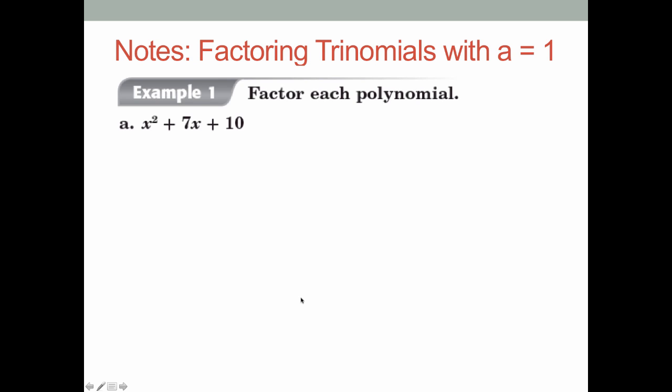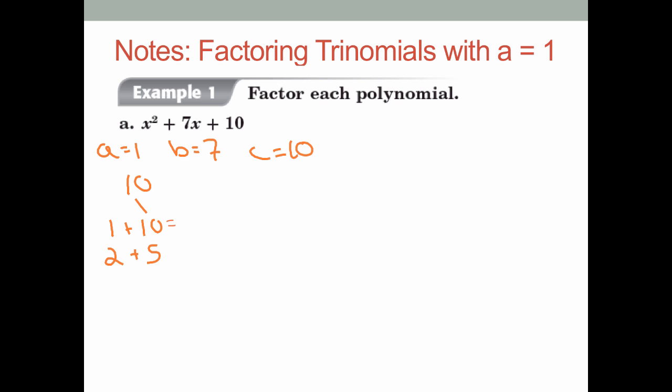So here's an example of this. a equals 1, b equals 7, c equals 10. So I look at the c value and I start branching it out. In this case, 10 can be 1 times 10, 2 times 5, and that's it. So I get rid of the times, and I put a plus sign in there, because I'm adding them together.